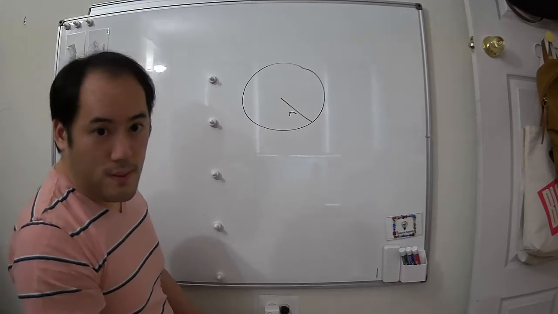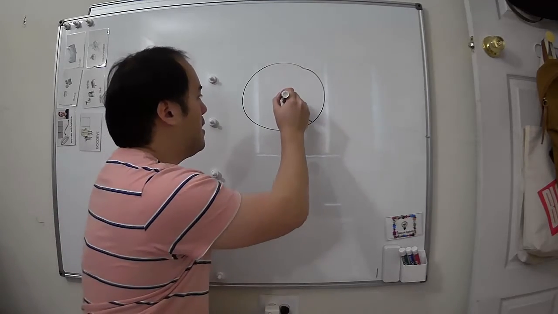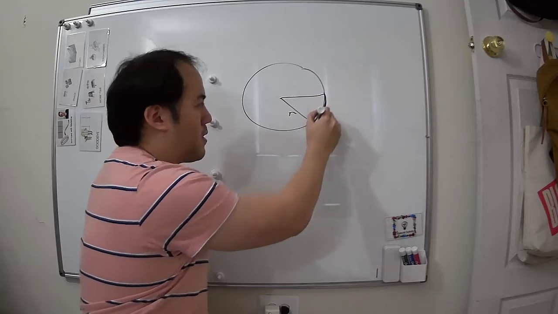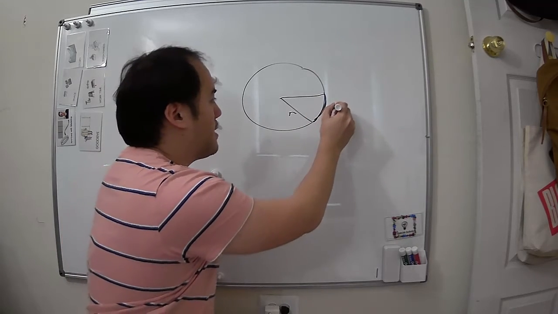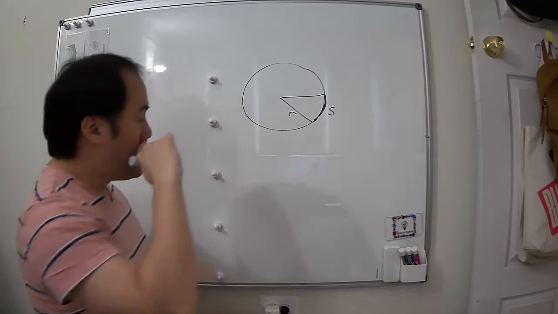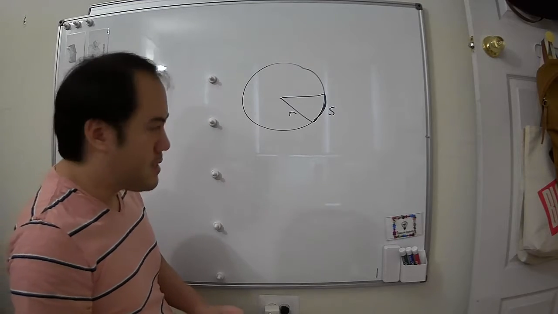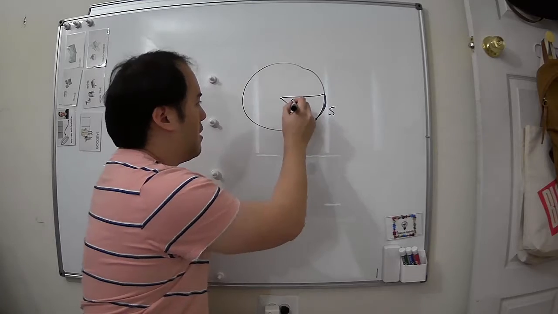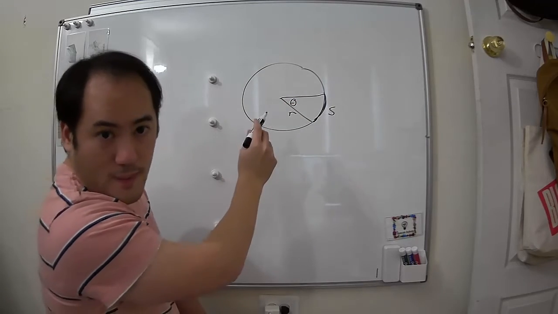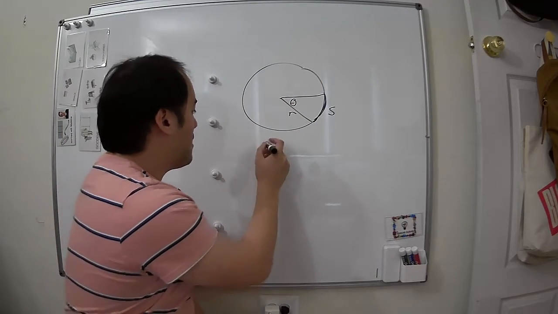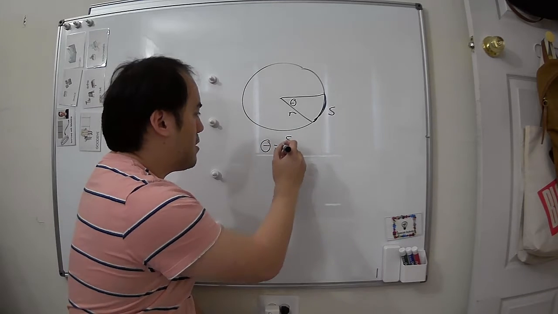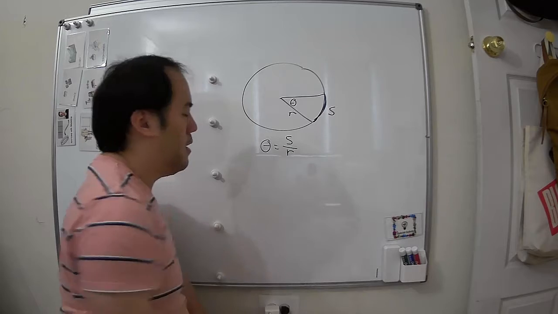If you have a circle of radius r, this distance right here, the arc length, is called s. And a very nice, straightforward calculation: theta, the angle here, in radians is s over r.